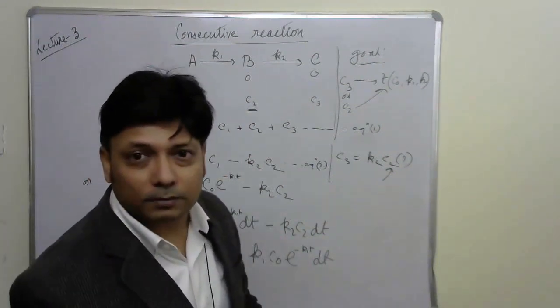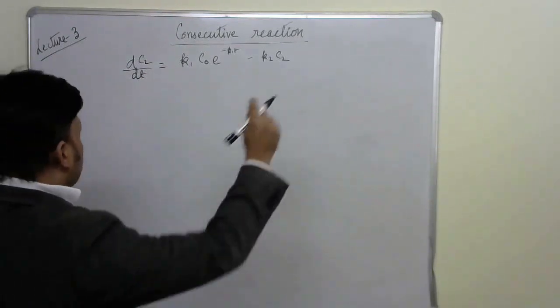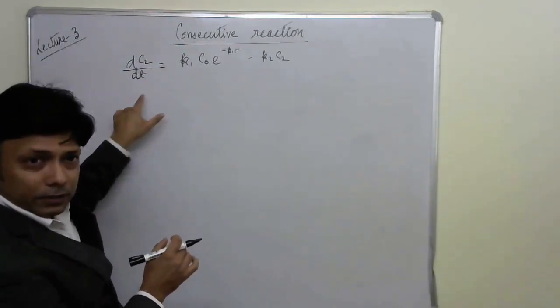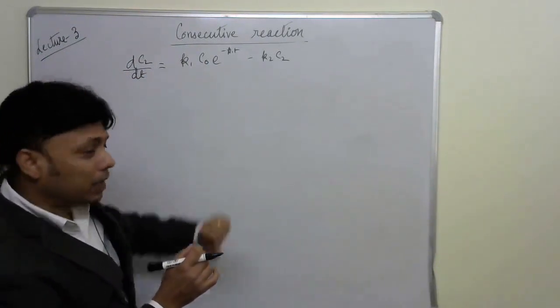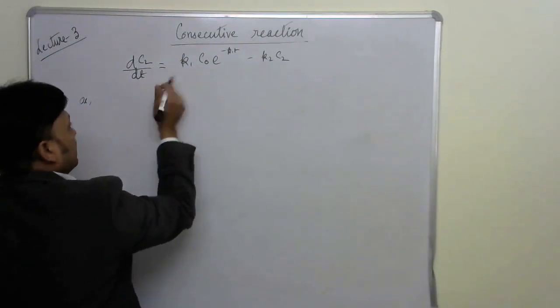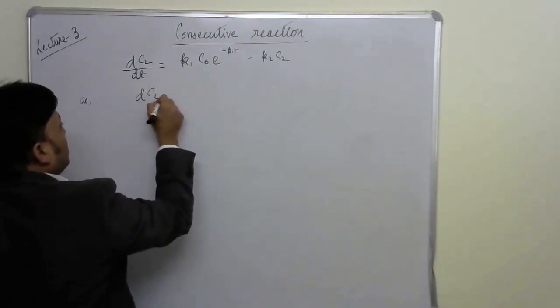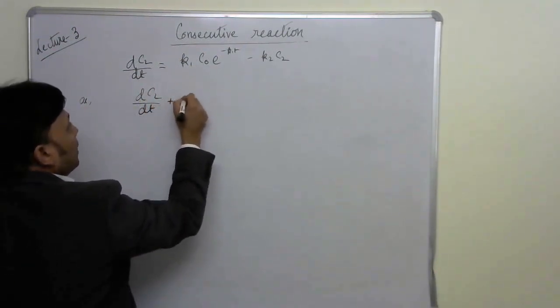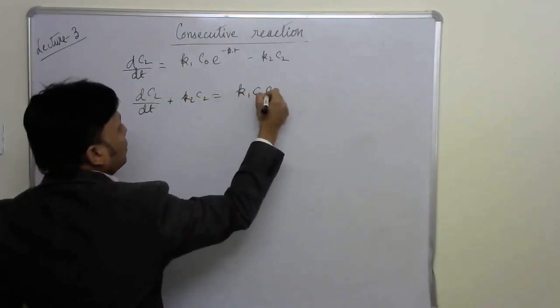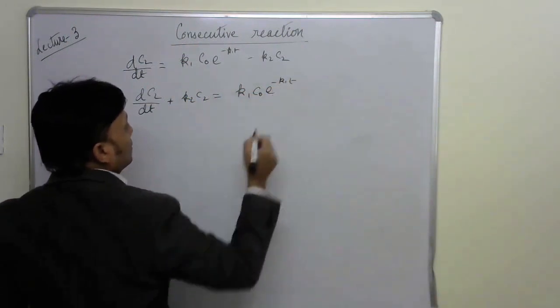Let's go a few steps back. Whatever we found out earlier is this equation, dC2 dt is equal to something like this. And then we take this K2 C2 part over here. So dC2 dt plus K2 C2 is equal to K1 C naught e to the power minus K1t.